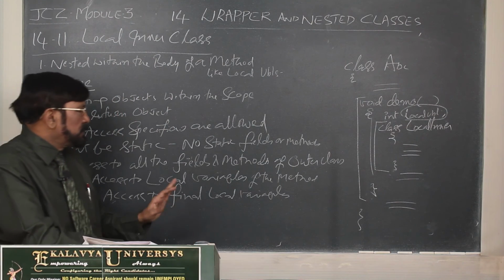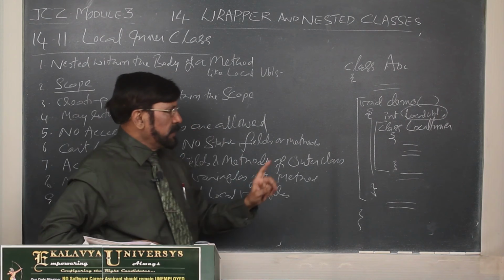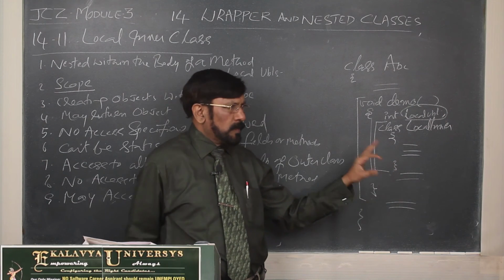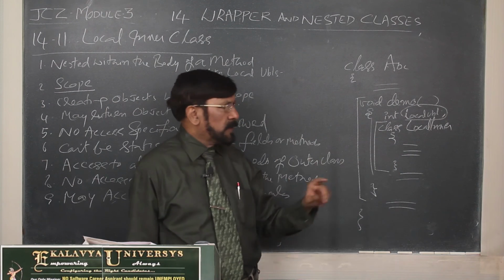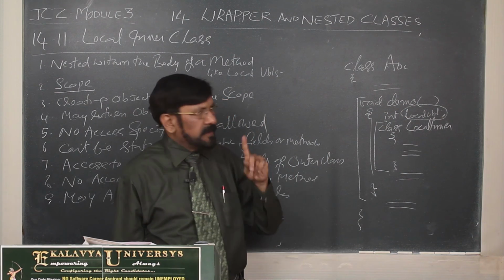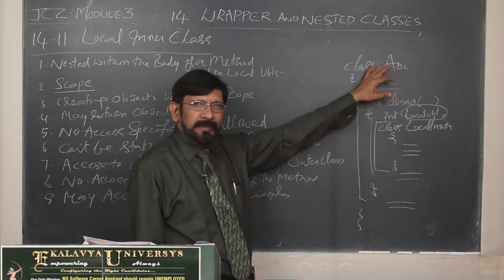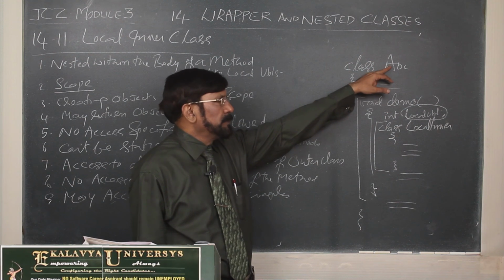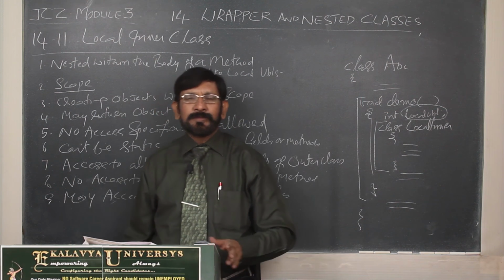These points you must remember, and the very important point is local inner class is not allowed to access local variables of the method, but it is allowed to access the fields and methods of the enclosing class. These points you remember.